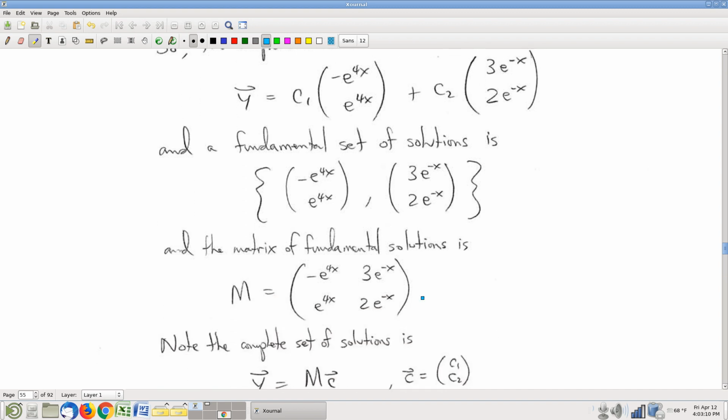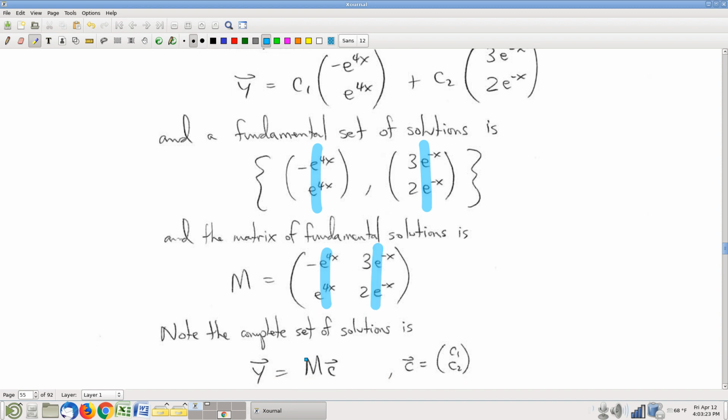This is just kind of an observation, but this matrix M is obtained by making a matrix whose columns are those basis vectors. The process of taking linear combinations of these fundamental solutions is then a linear combination of the columns of that matrix, namely, it's just MC.